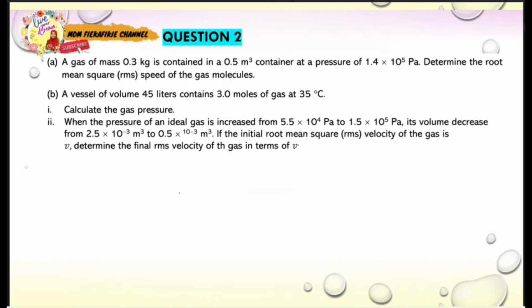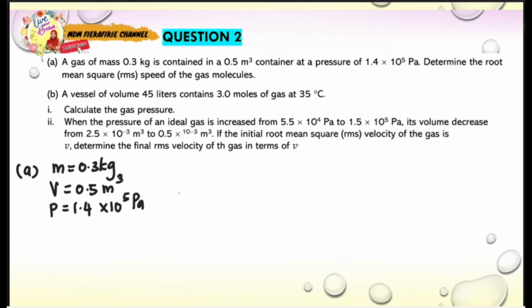So let's write the information given. We have the mass, which is 0.3 kg, the volume, which is 0.5 meter cube, and the pressure, 1.4 times 10 power of 5 Pascal.